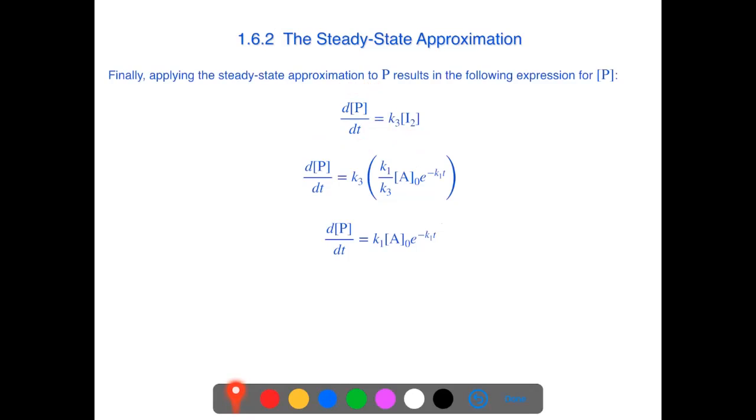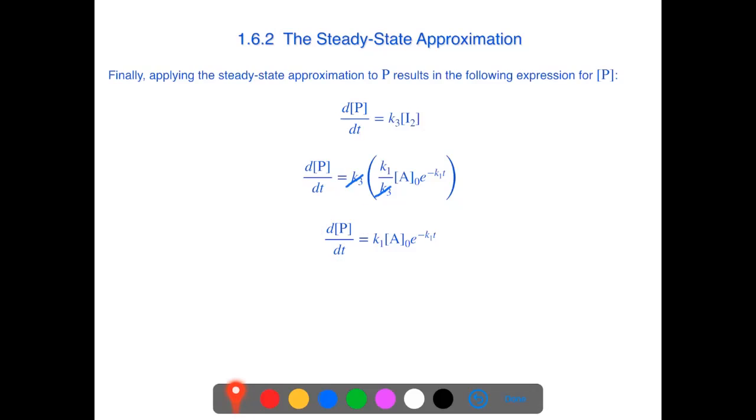We now have a solution for I2 by using the steady state approximation. And so we end up with the following substitution, and we have further simplification where K3 will cancel in that substituted expression. And that leaves us with our final expression in which the rate of product formation is going to be expressed in terms of the initial concentration of the reactant A.